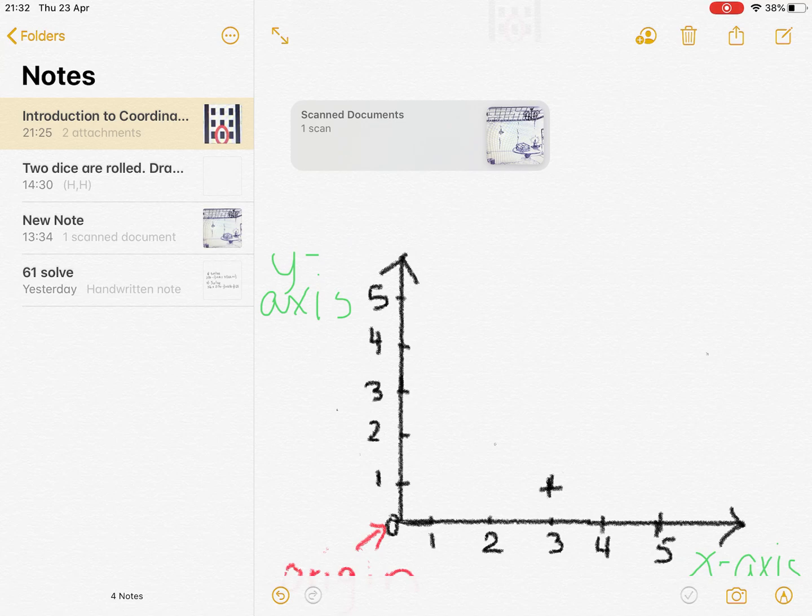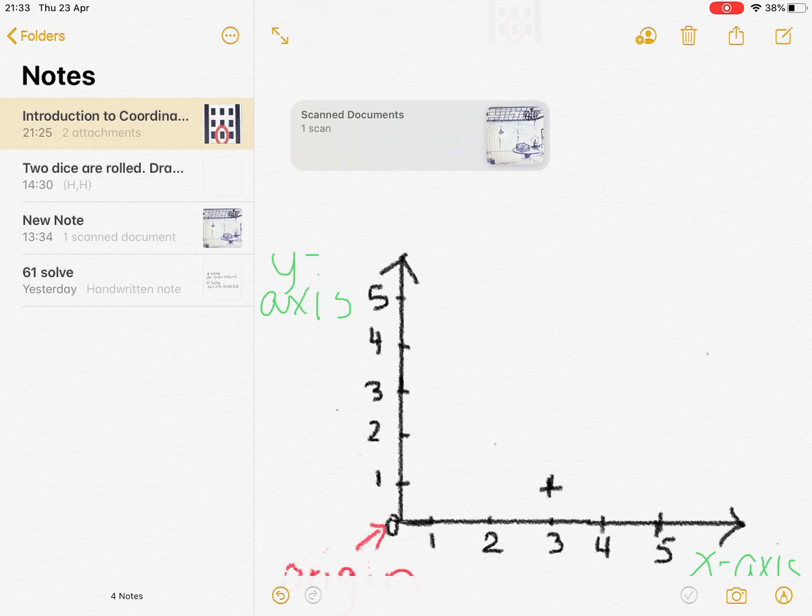So, to help him, he decided to place numbers on the bottom row, the horizontal row, and even on the sides, on the vertical row. He thought that now he could state accurately where exactly the fly was on the ceiling. But after giving it some thought, he realized that there was a problem.